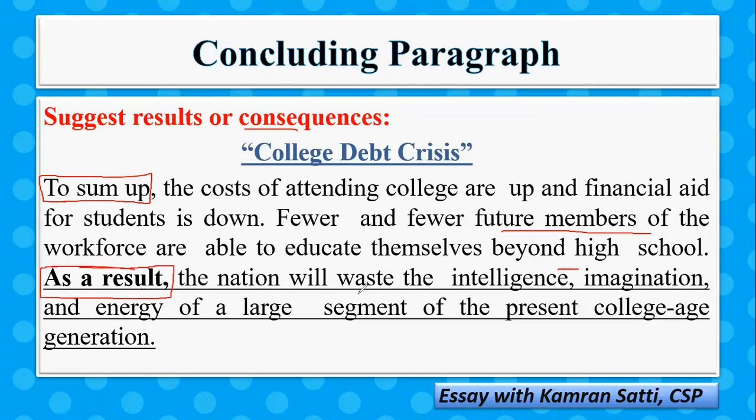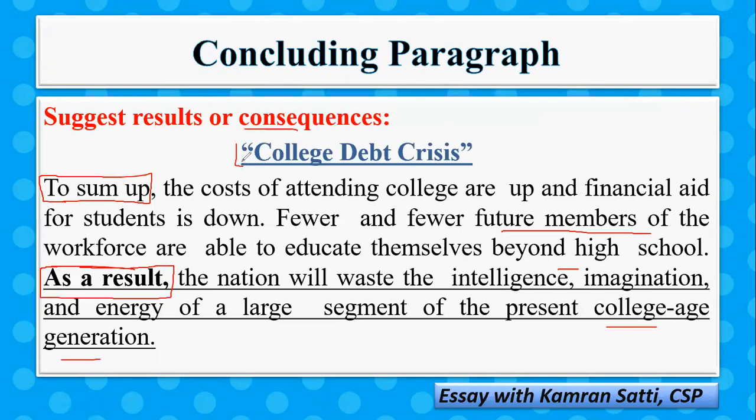As a result, the nation will waste the intelligence, imagination, and energy of a large segment of the present college age generation. In this concluding paragraph, remember the topic is the same, just to make sure that you're following the points and techniques.